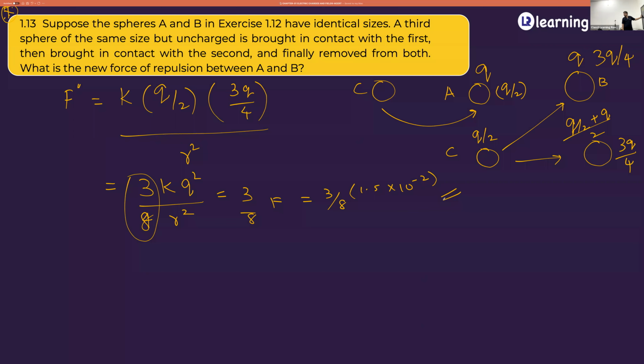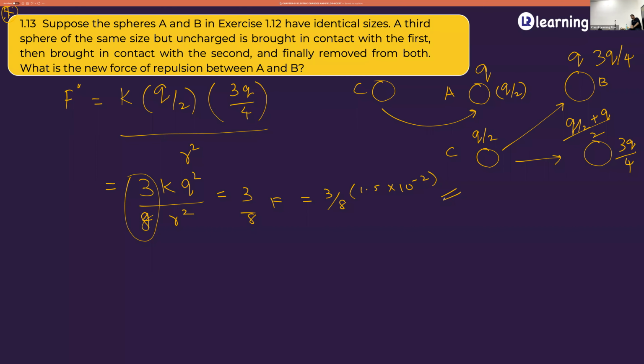Is that point clear? Right? See, this is a very important thing that you need to understand. Is everyone clear with this? You need to take the average of charges. Which one?